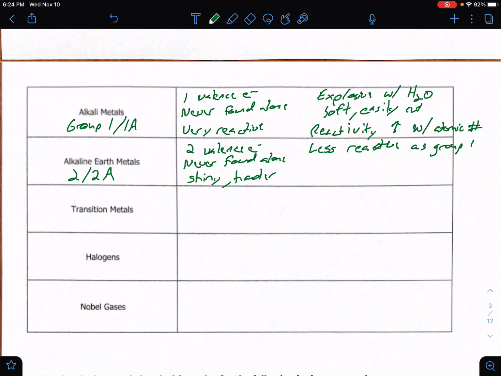Then you have your transition metals, that big middle section, mostly your D group, basically starting at the D group and going all the way to the staircase. These do not follow common characteristics, which basically means that they're not all like each other.